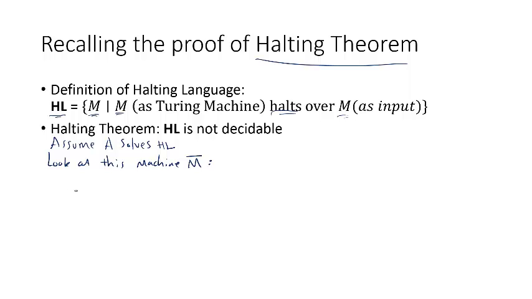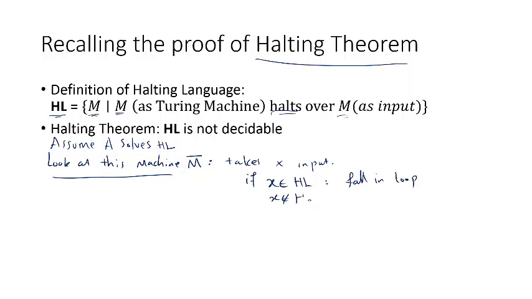Then we say, okay, look at this particular machine M bar. The machine takes input X, and if X belongs to the halting language, then it falls into a loop. If X is not in the halting language, then it halts.